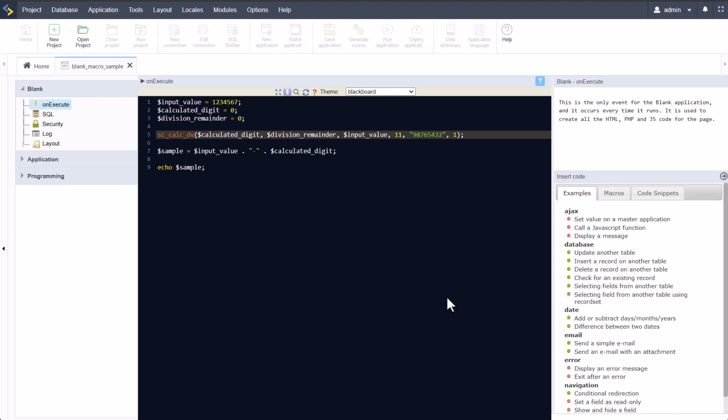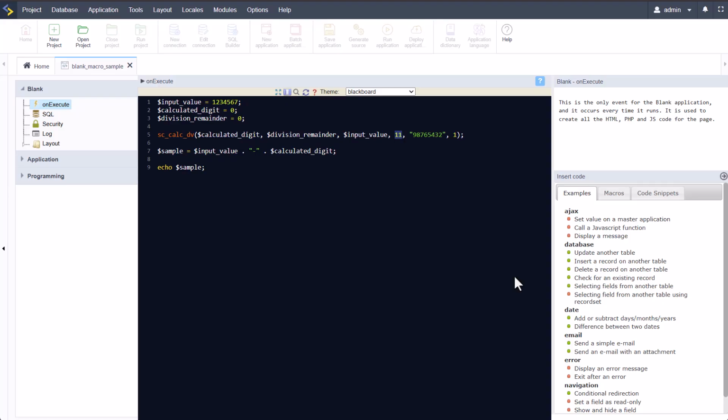So this variable is what stores the remainder of the division. We then also have a value, the base number that you want to calculate the digit for. A module, which is usually 11 or 10, as we have here 11. And this is basically the divisor of the checksum.